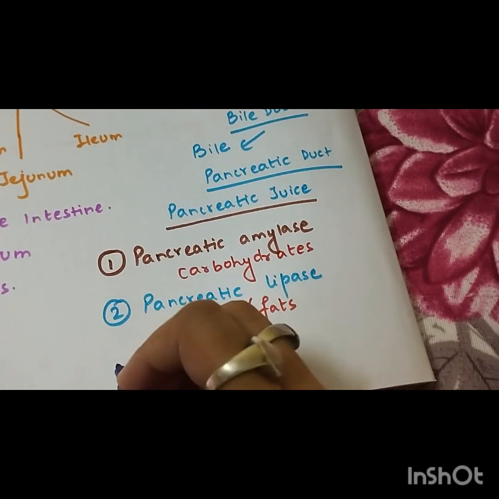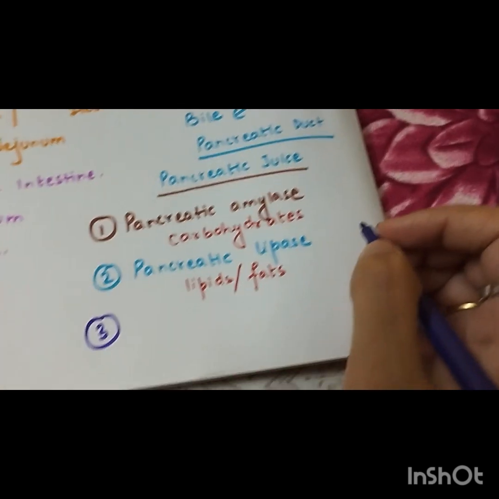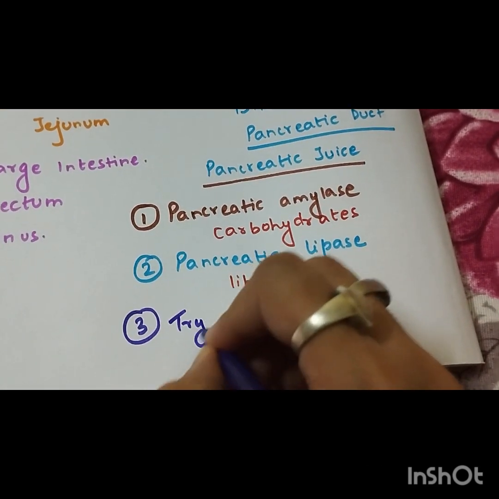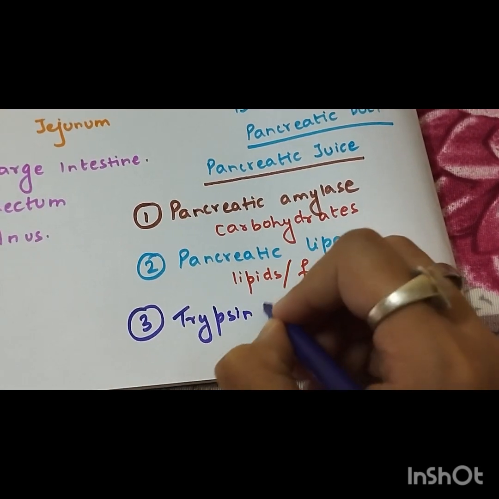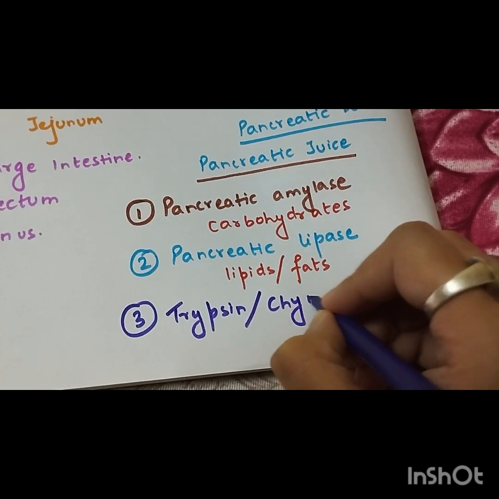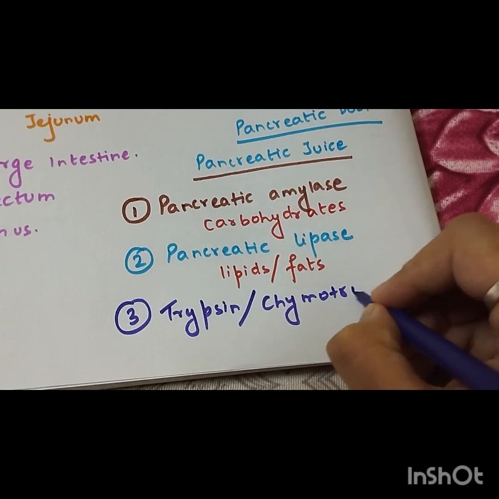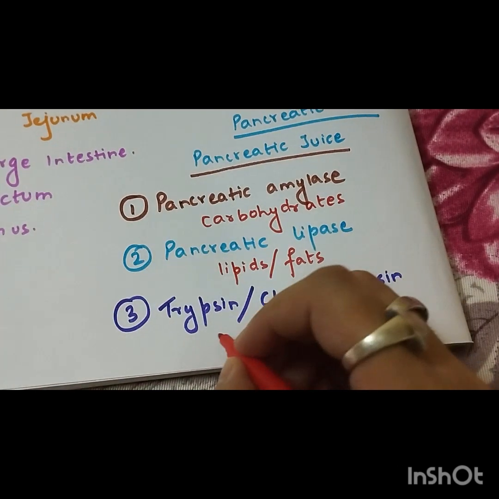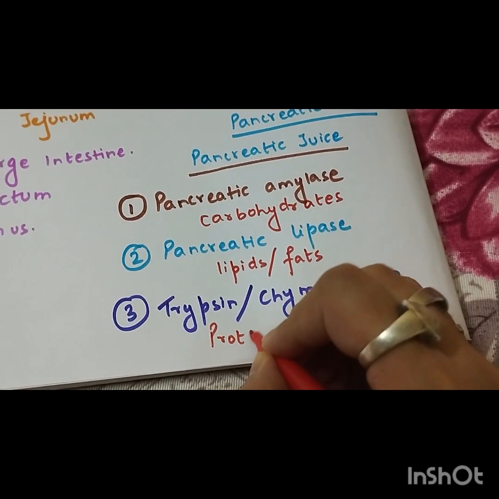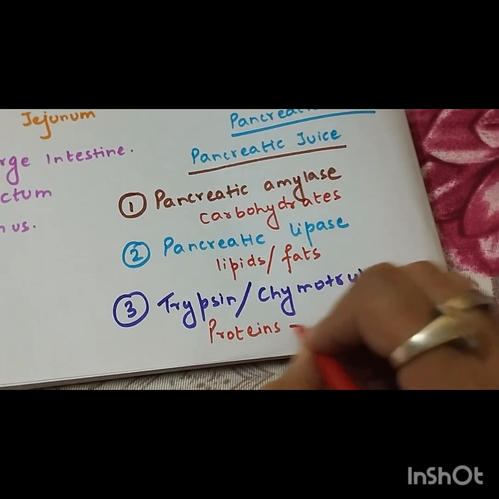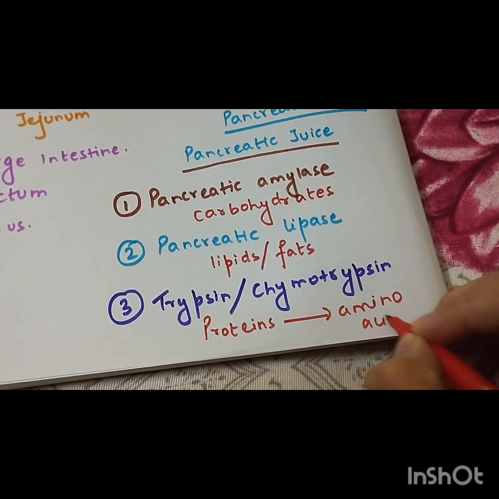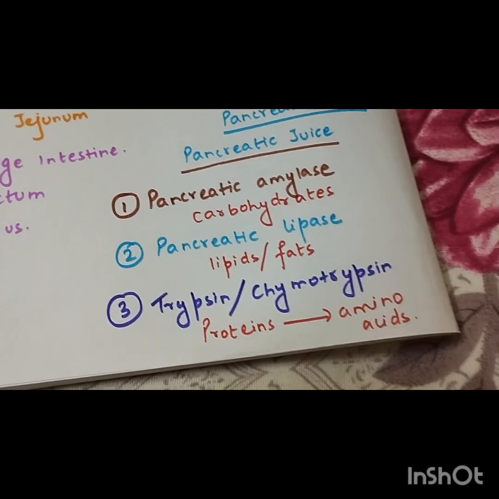Last, we have proteases, enzymes that can break down proteins. Those can be trypsin or chymotrypsin, that help in breaking down proteins into amino acids.